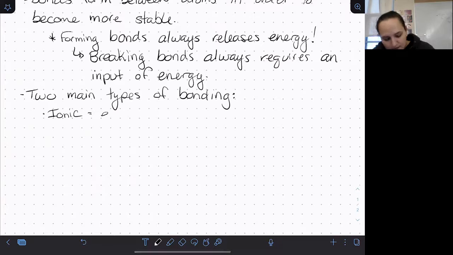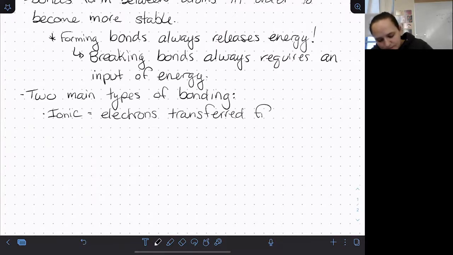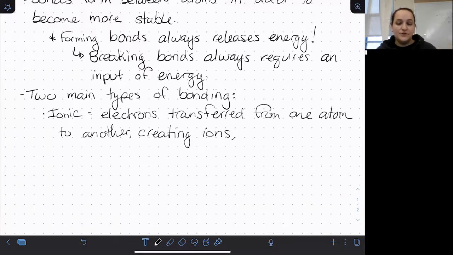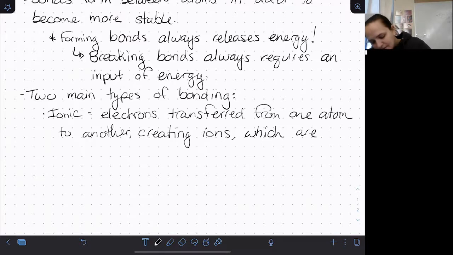And when an ionic bond forms, electrons are completely transferred from one atom to another, which creates ions if one atom is losing and the other atom is gaining. If they're starting out neutral, that transfer of electrons creates a cation and an anion, and then opposites attract. So this creates ions, which are then attracted to one another.